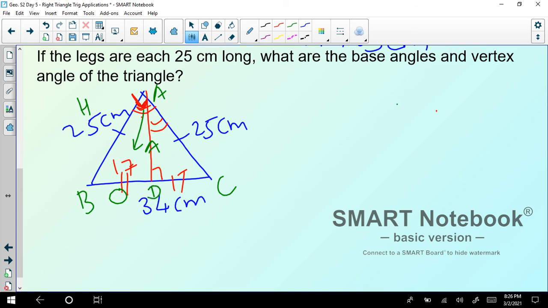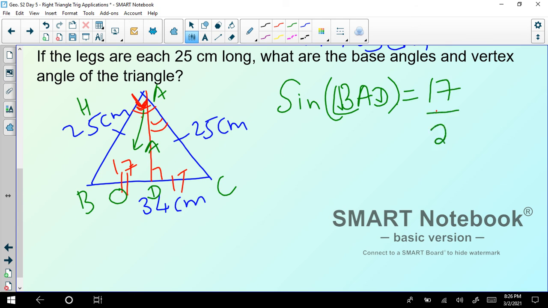Here, sine of angle BAD, or you can just say A, you don't have to. Sine of angle BAD equals what? Opposite over hypotenuse, which is nothing but 17 over 25. And 17 over 25 gives us 0.68.